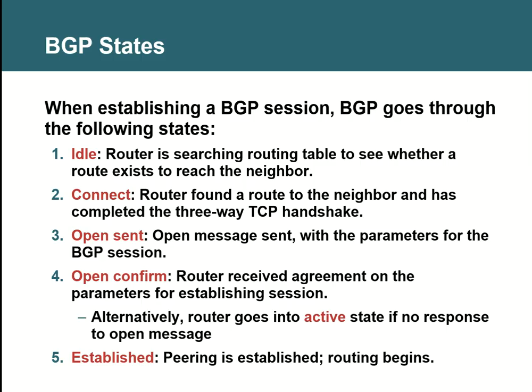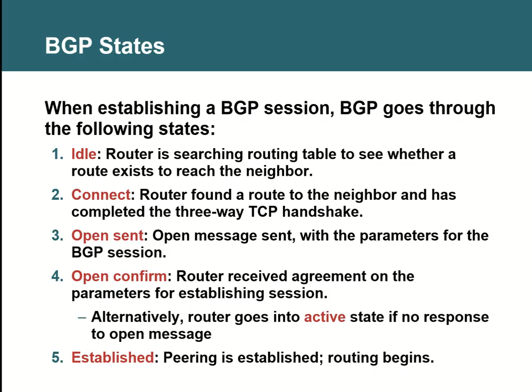You see, when we configure a neighbor, to that neighbor address, BGP has to do a three-way handshake first. For that, it needs to find the route in the routing table.